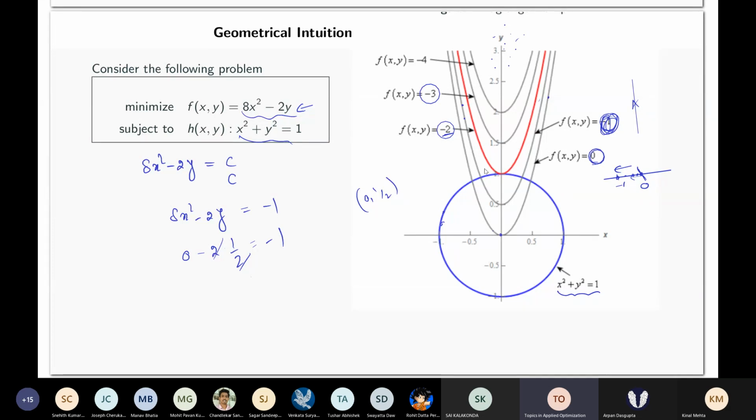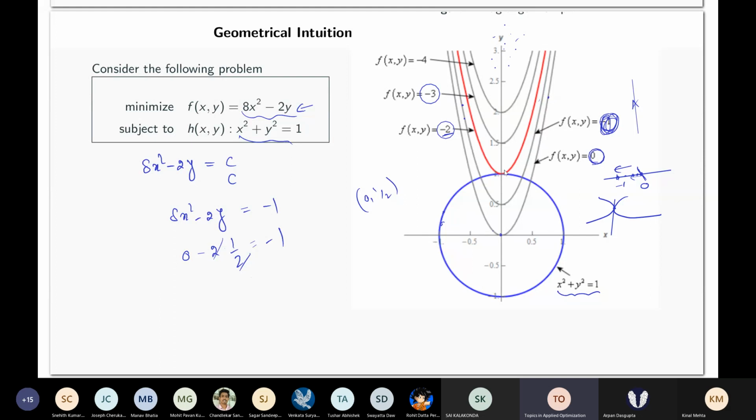Mathematically, when two curves are touching like this, it means that at that point the tangent is parallel for both. So there is a point of touch where the tangent is parallel. If I draw a tangent to the red curve and a tangent to the blue curve, both will be in the same direction. They are parallel.